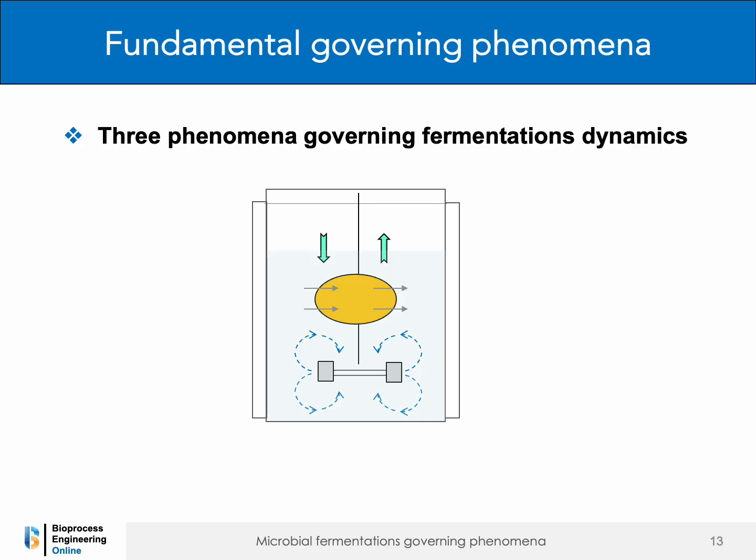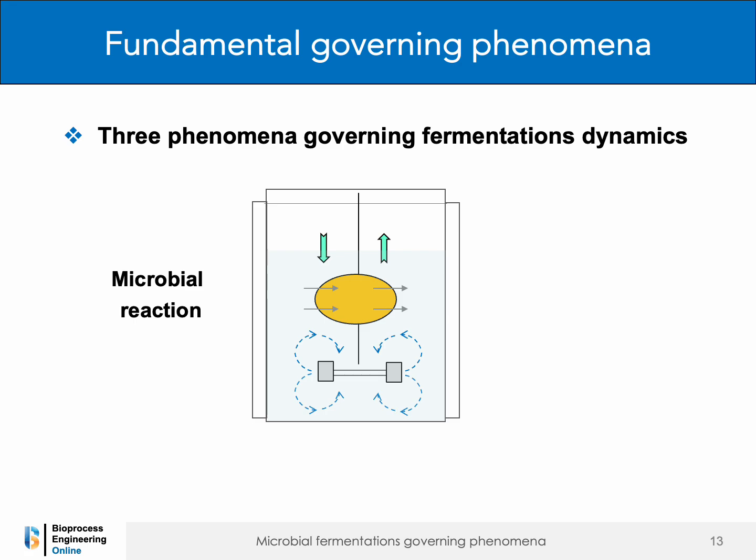In fermenters, the time-dependent variations in the concentrations of fermentation components are governed by three fundamental phenomena: microbial conversion reaction, mass transfer, and fluid flow. The primary driver of these concentration changes is cellular metabolism, specifically the rates at which cells consume substrates, grow, and produce metabolites and products.